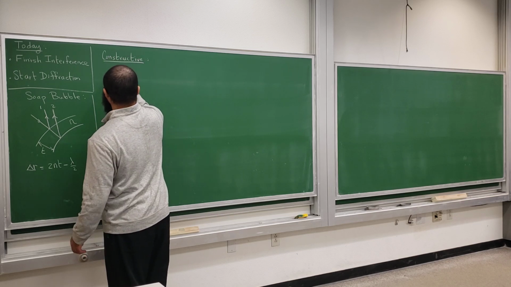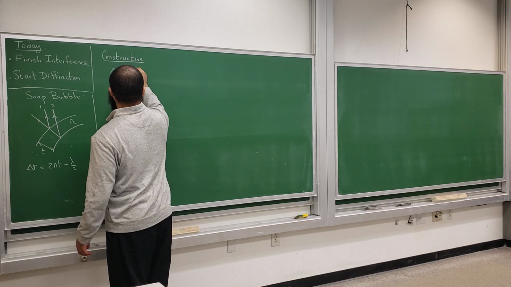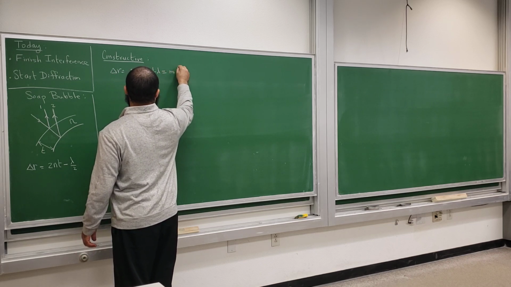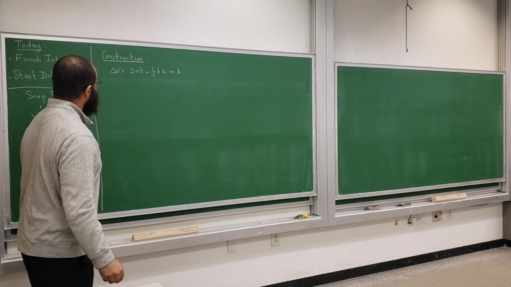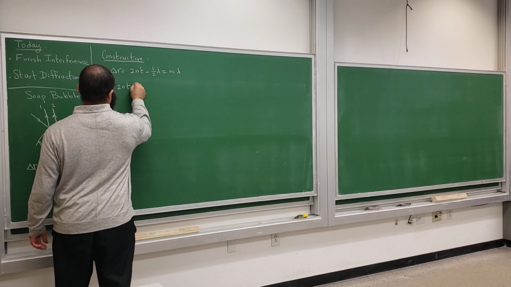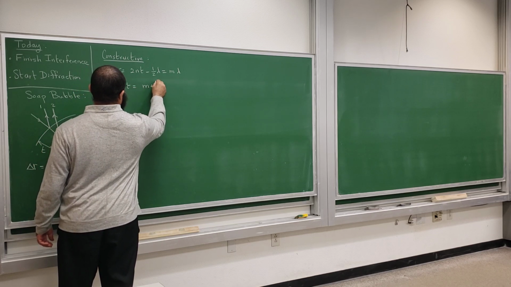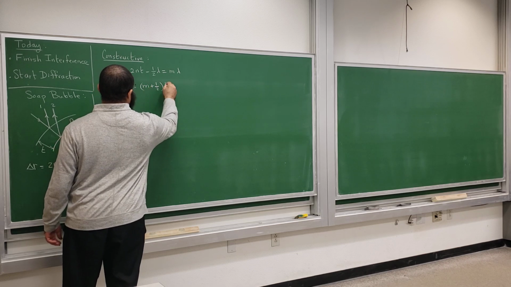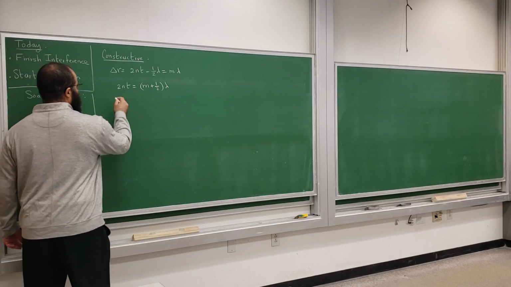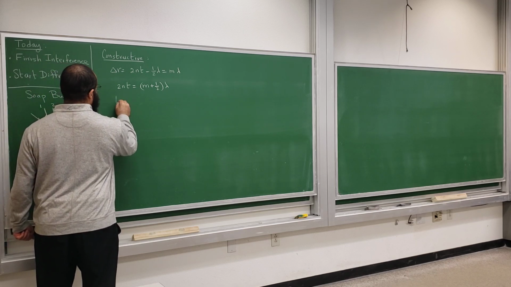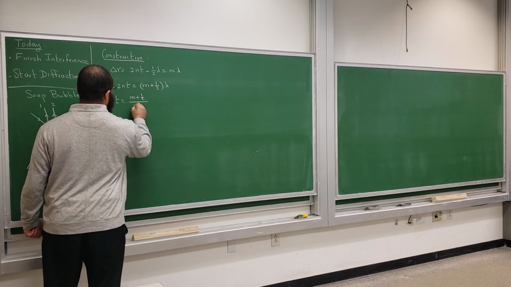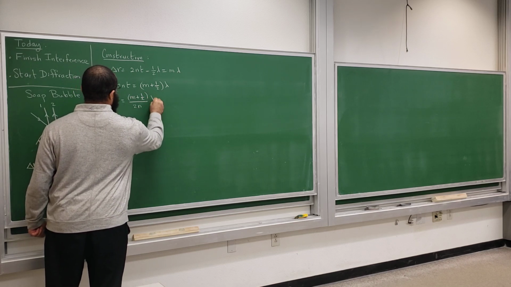We need this, delta R, which is equal to 2nt minus half a lambda, to equal m times lambda. And this tells me then 2nt is equal to m plus a half times lambda, right? We'll move this to the other side and then factor lambda. And which tells us that t will equal m plus a half, divided by 2n, times lambda.